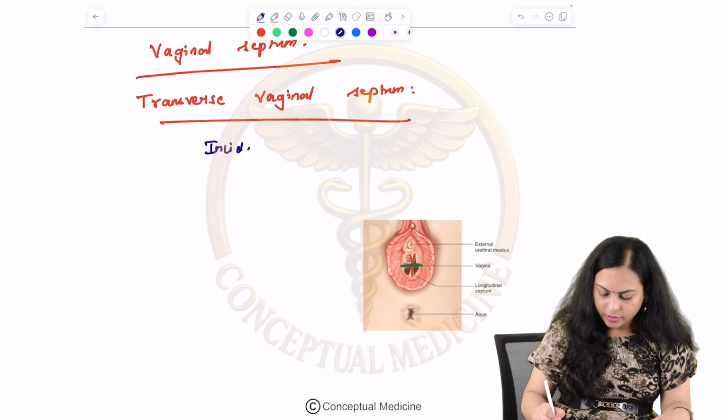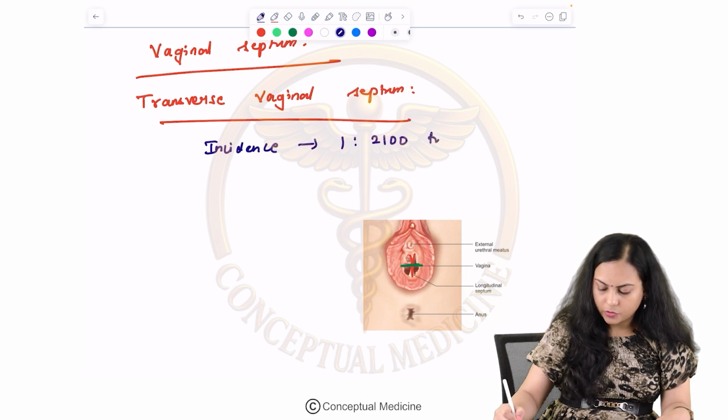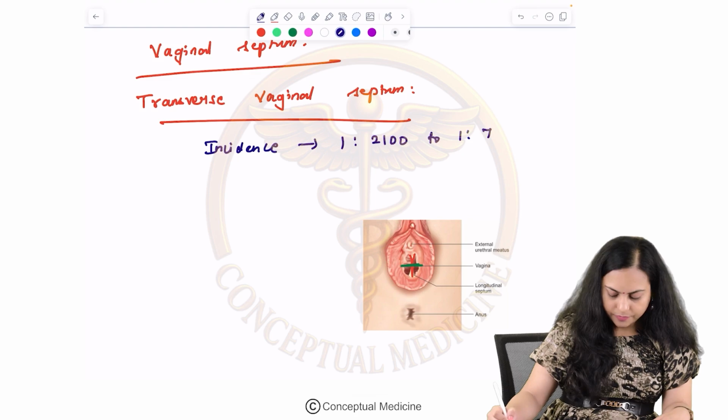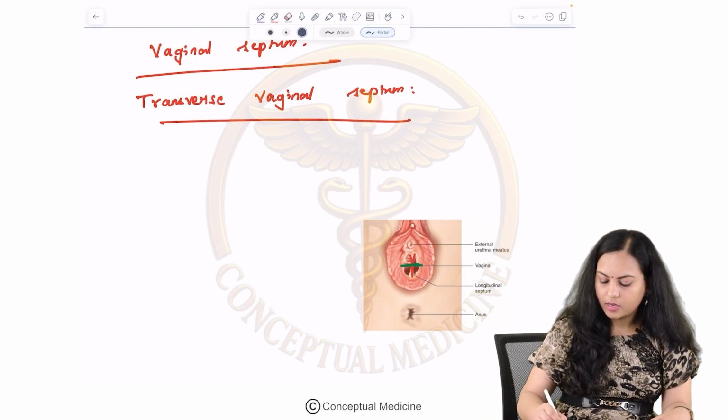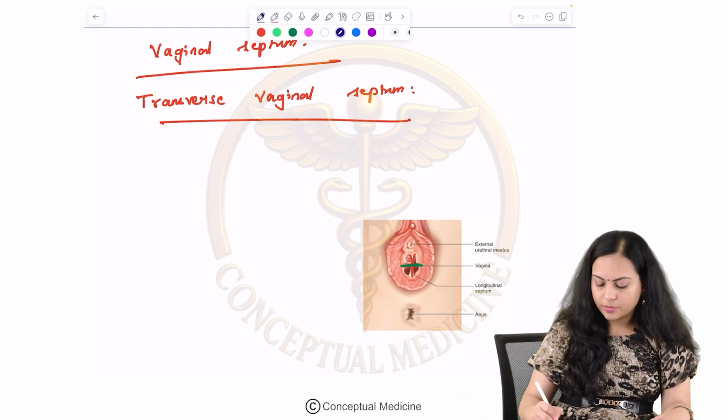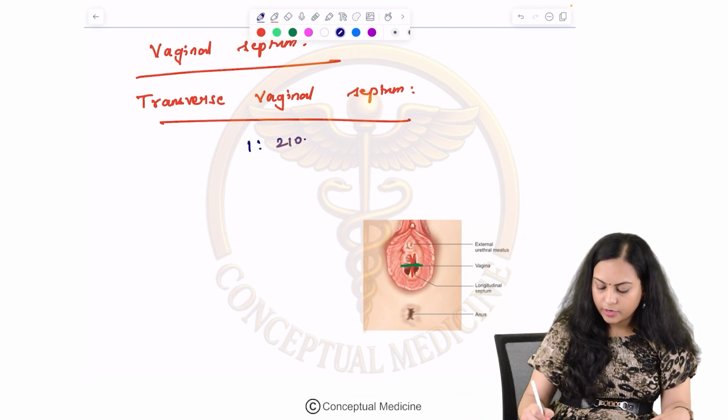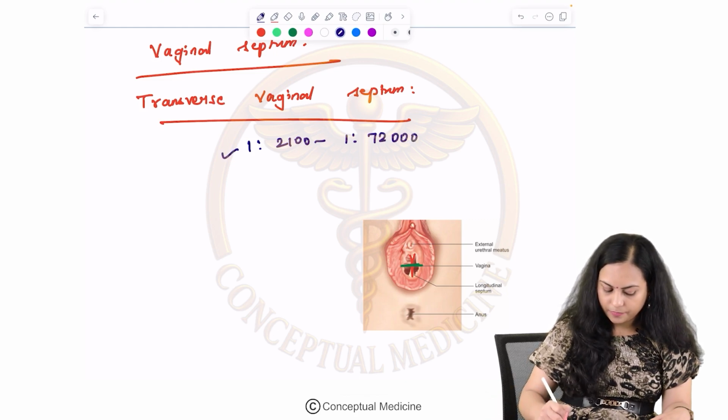Incidence of transverse vaginal septum is seen in 1:2100 to 1:72,000 women. Okay.